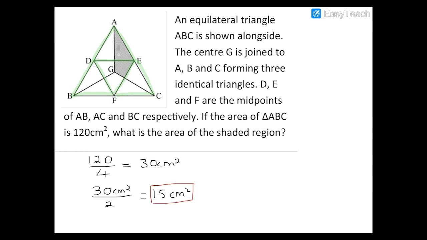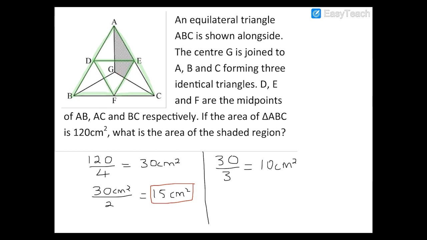Okay. And then if we go back and look at the triangle DEF, it's divided into 3 equal quadrilaterals. We know that the area of DEF is 30, we just calculated it. Now we take 30, divide by 3, and we get 10 square centimeters, and that's the little area here.